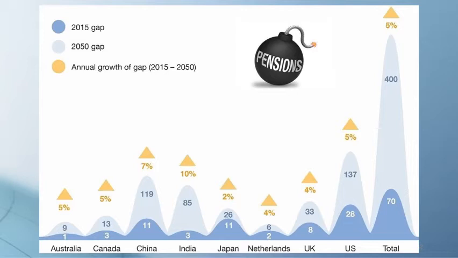If we make the pretty reasonable assumption that an old age pension needs to be about 70% of the minimum wage in any particular country, for someone to be able to live on it, then the gap between the money that will be required to pay old age pensions and the money governments will have to pay them will be something like 224 trillion in the top 6 largest pension plans. So that's Australia, Canada, Japan, the Netherlands, the UK, and the US. 224 trillion.